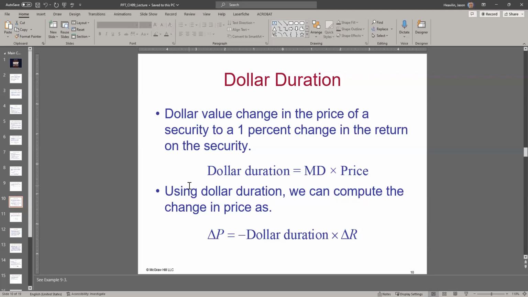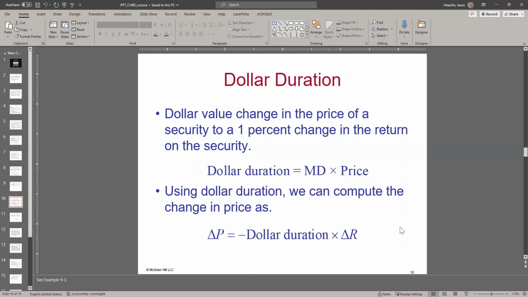Now, we can talk about it as a dollar amount: the dollar value change in the price of a security to a 1% change in the return on the security. So now we can start using these duration practices to get other pieces of information that we would be interested in. So we have the dollar duration equals the modified duration.